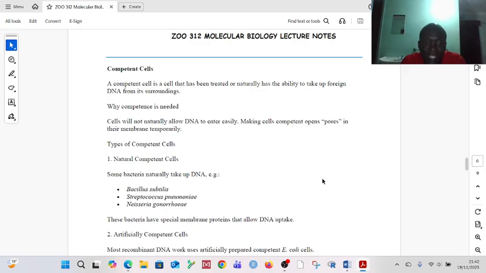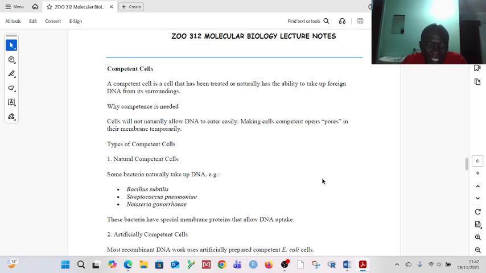So cells can be competent naturally. It means nothing is done to them, but naturally such cells can just take up foreign DNA. Examples of bacteria which are naturally competent are Bacillus subtilis, Streptococcus pneumoniae, and Neisseria gonorrhoeae.